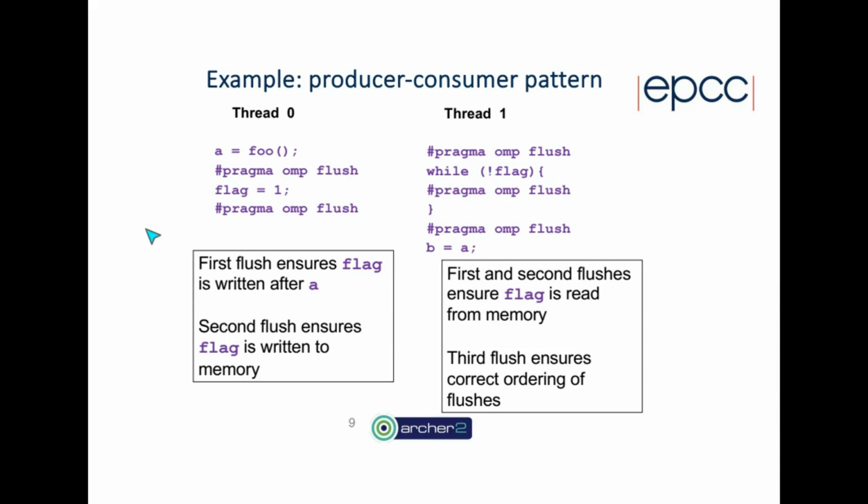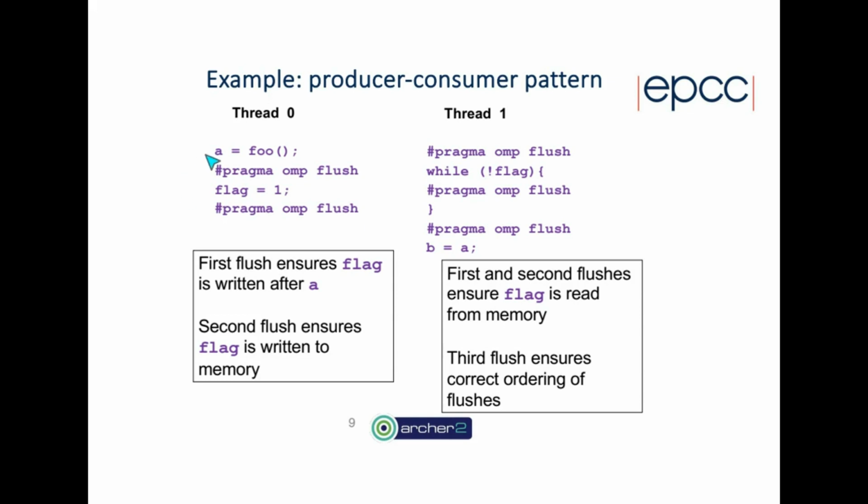So we can do this example with flushes, but it's really unpleasant. It's a lot harder than you might think. We actually need a lot more flushes than you might imagine. So let's look at them in turn.